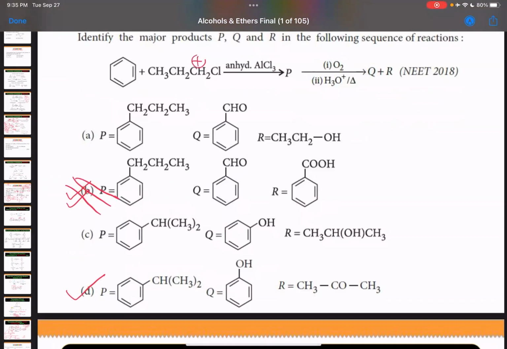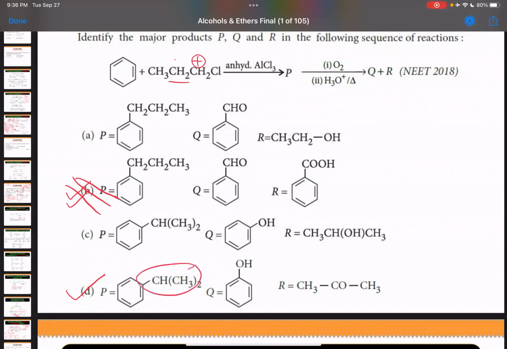Actually, the carbocation which was formed immediately after the extraction of Cl minus was primary. It has undergone rearrangement by shift of H, and you have a carbocation in the middle. This carbocation will go and attack on the benzene ring.